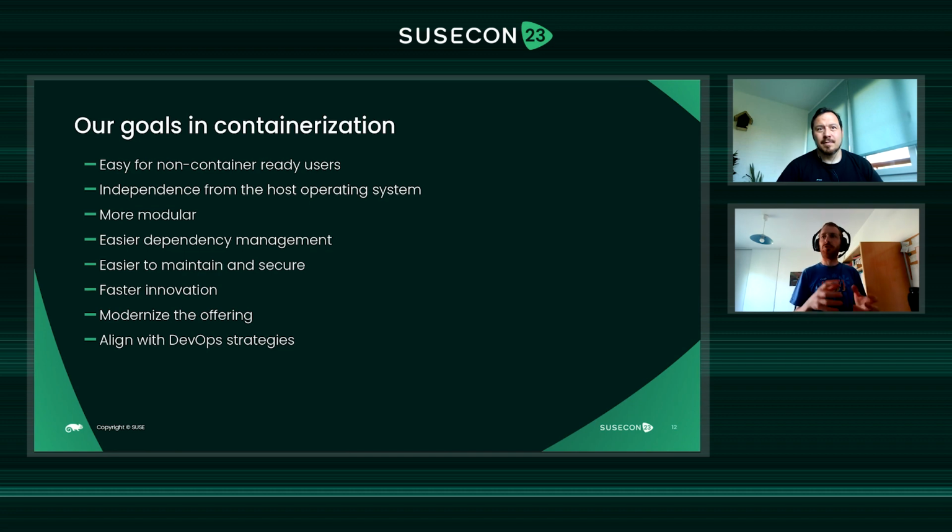If you have separate containers, it's easier to update just one container if really required. And of course, we want to align with the container trends and wishes that users are expressing.